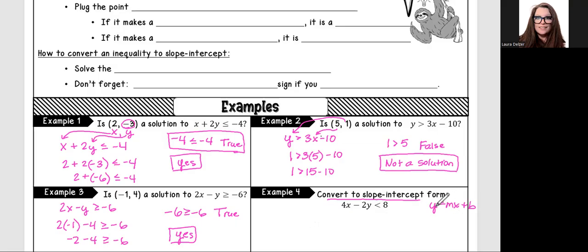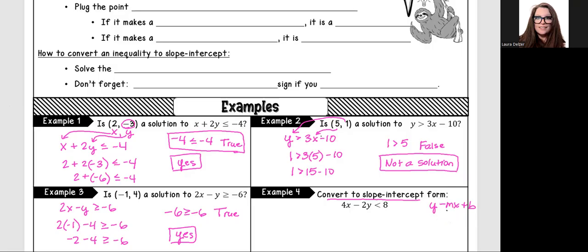We can do it that way, okay? We can do like y is less than mx plus b, but it could flip depending on what happens. So we'll just say this spot is going to be your inequality, whatever it is right here. Okay, so let's go solve this and you'll see what I mean.